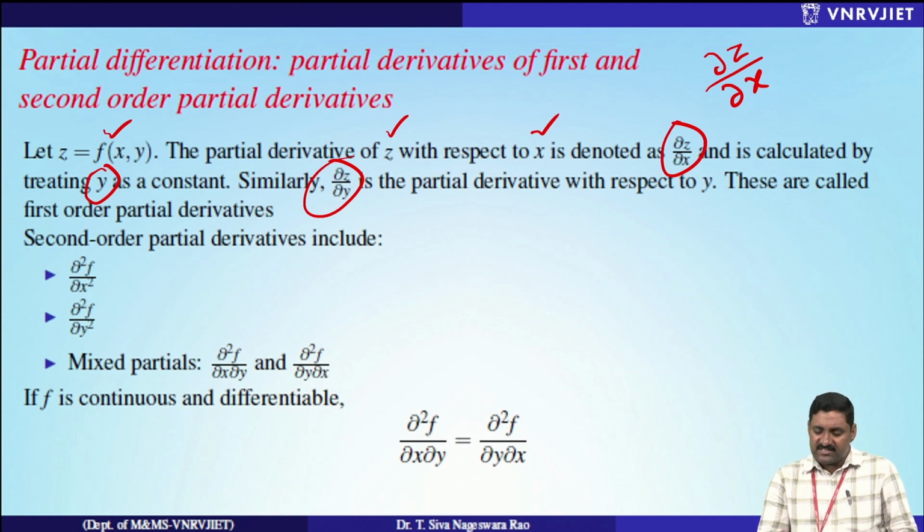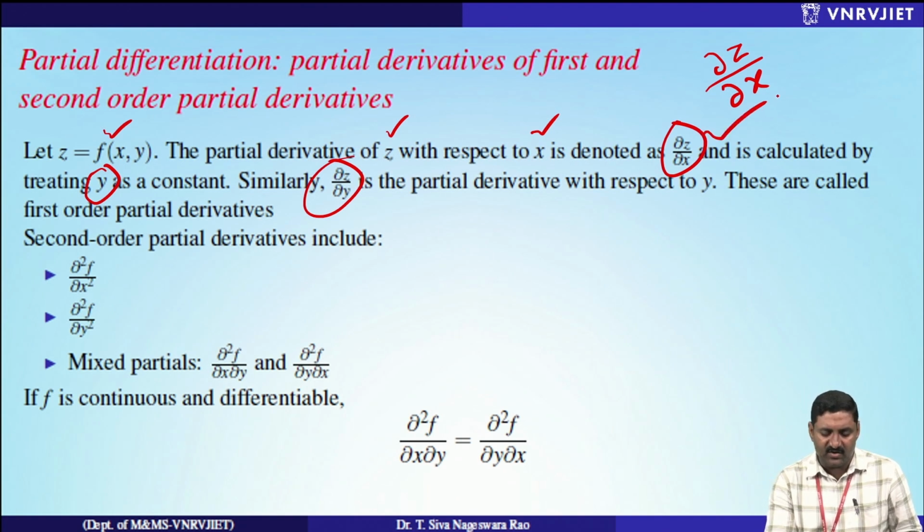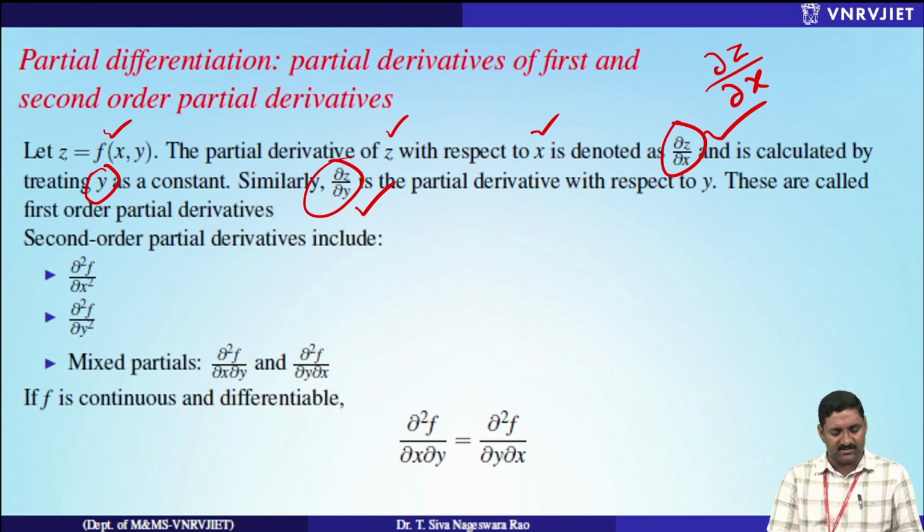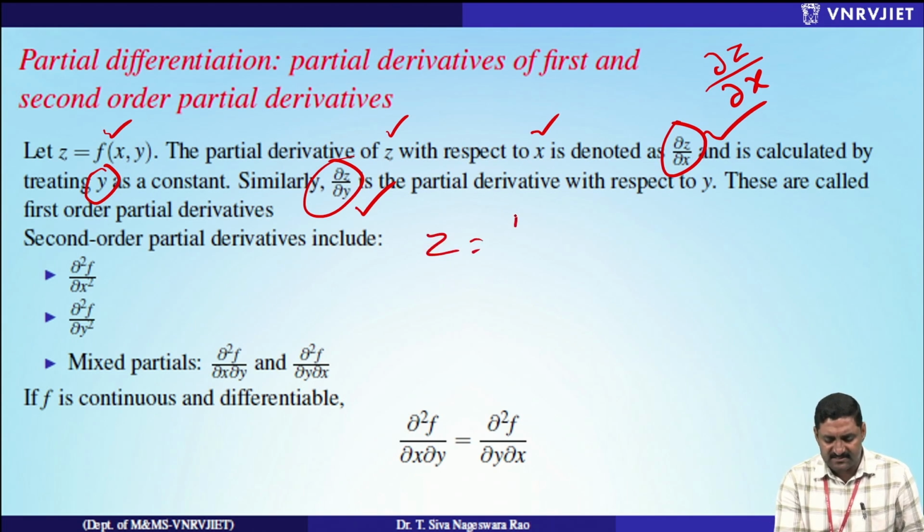Here, the partial derivatives dou z by dou x and dou z by dou y are said to be first order partial derivatives. In the same way, we can find second order partial derivatives also. Let us take the same function z is equal to f of x comma y.